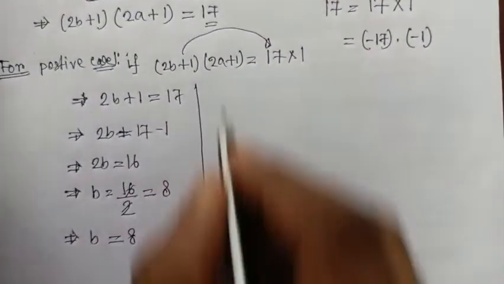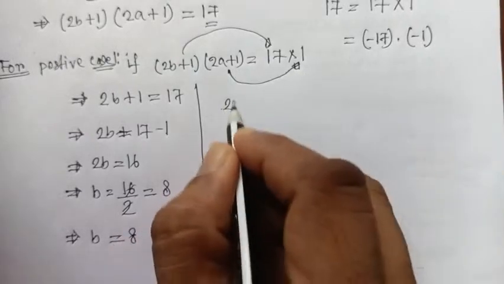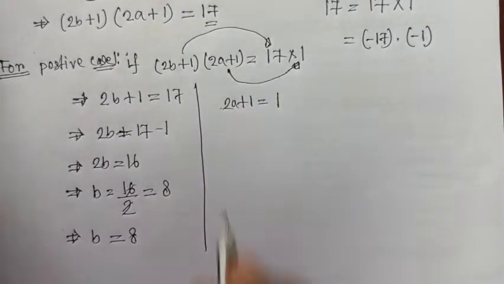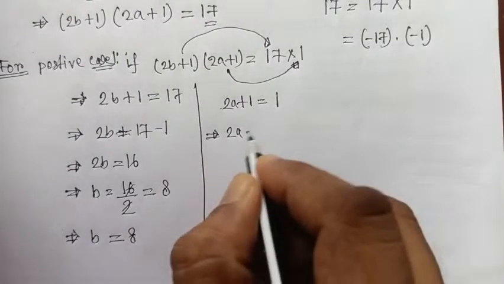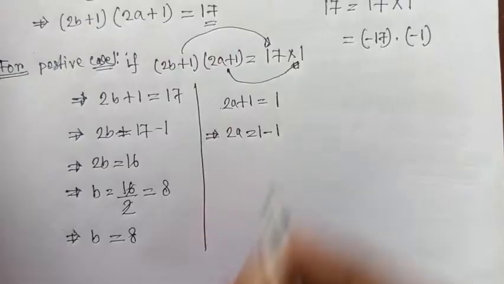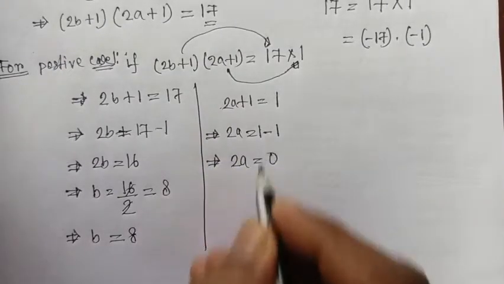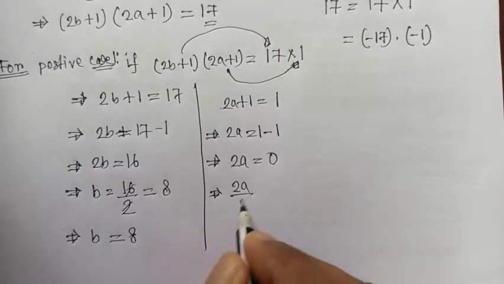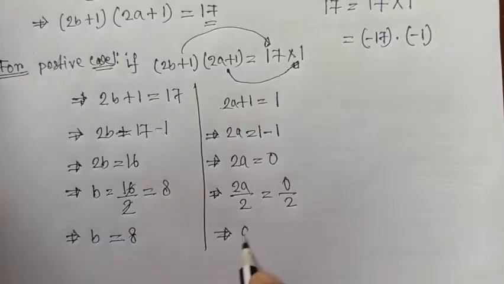Again, now 2a plus 1 will be 1 if you compare both sides. Now if we move that 1 to the right-hand side, 1 minus 1, that is 2a equals 0. Dividing both sides by 2, we get the value of a equal to 0.